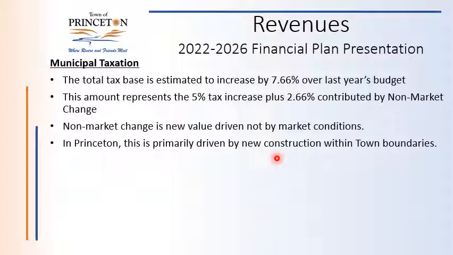So if somebody builds a house, their value of their improvements last year was 0. The value of their improvements this year is obviously more than 0. So that portion is not calculated when we bring the rates over from last year to this year, but they are counted as taxation obviously in this year.